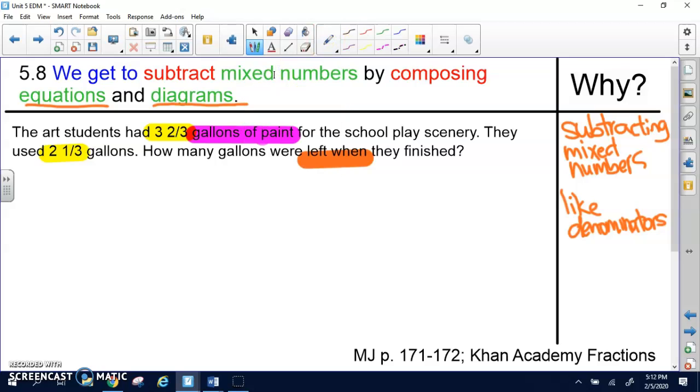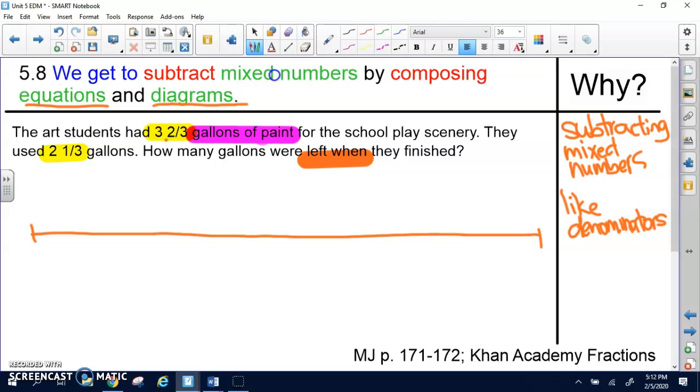So the first way I would look at it is using a number line. The number line, and you're using wholes here. The highest number that you have is 3 2/3, so you're going to be going up to 4. So I'm going to use 1, 2, 3, and 4 wholes. And I know I'm dividing this into thirds because that's what my denominator is in both 3 2/3 and 2 1/3.